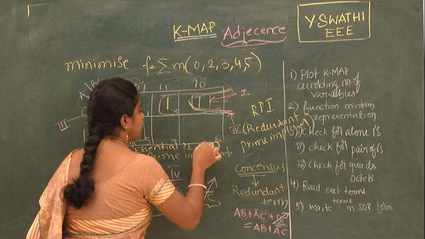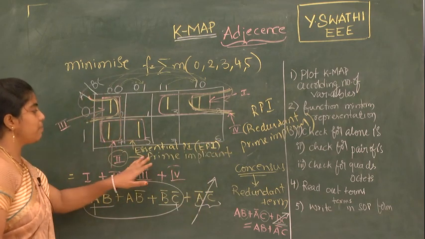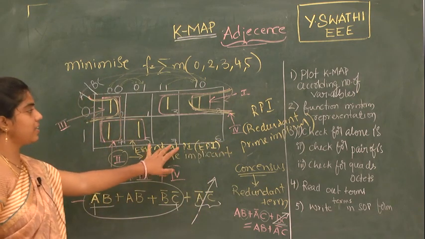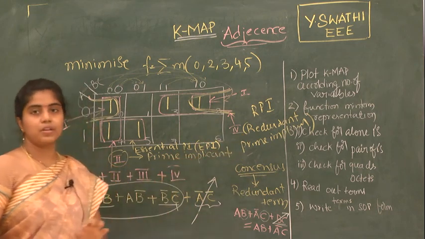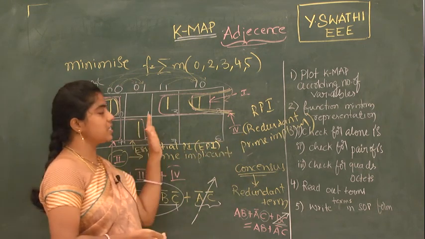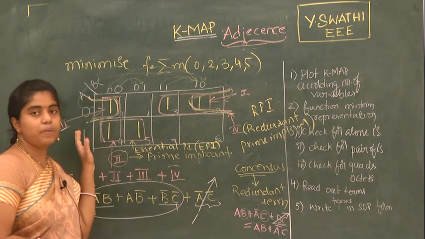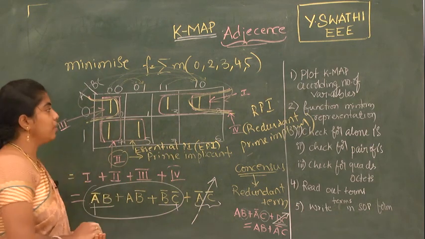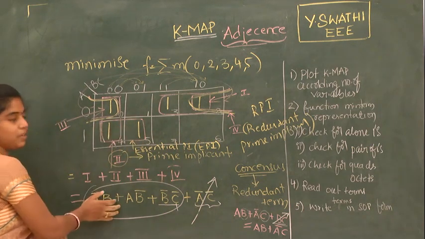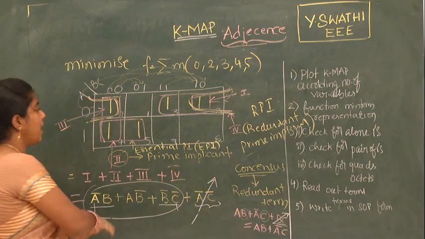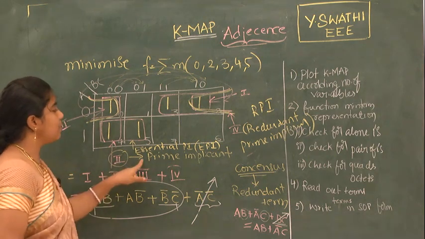EPI. Now we will see what is the prime implicant, essential prime implicant, and the redundant prime implicant. The grouping of each one, every group represents a term in the reduction form, and that group is called a prime implicant.